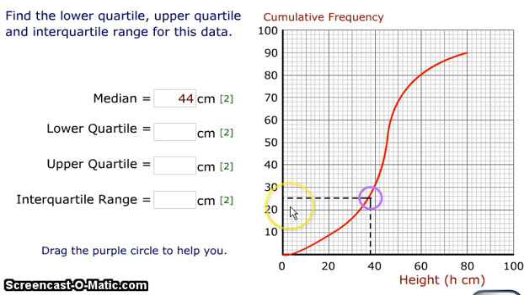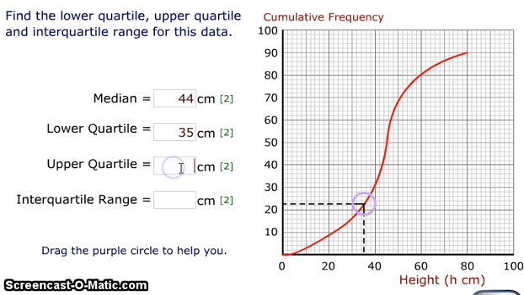So we have 20 here, 22, 24, 22.5 would be somewhere here. And you read downwards. So that gives us 30, 32, 34, about 35 for the lower quartile.